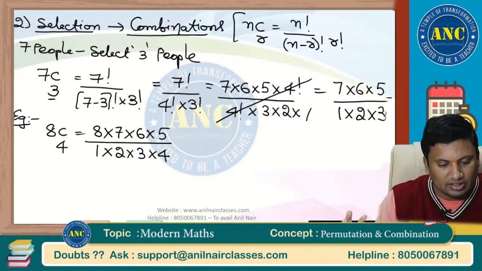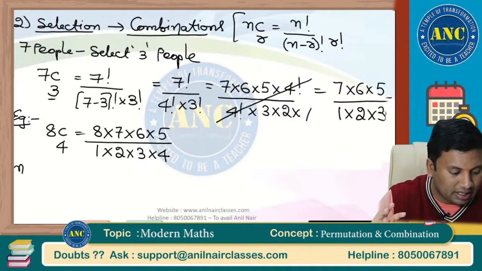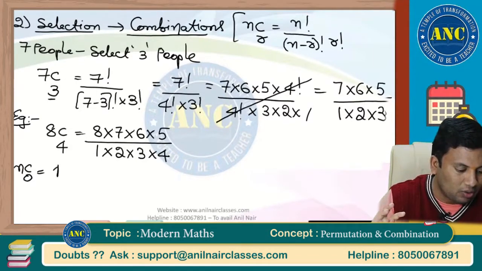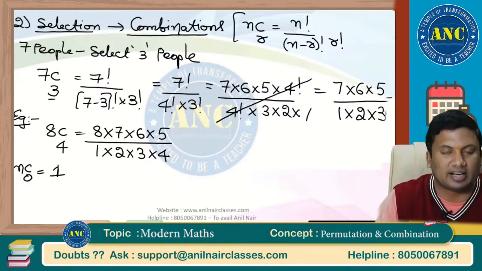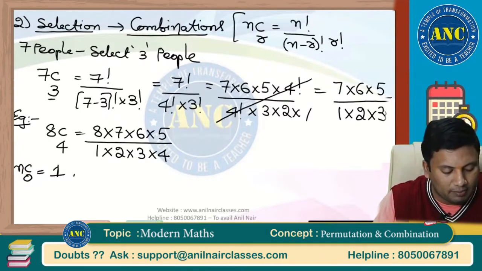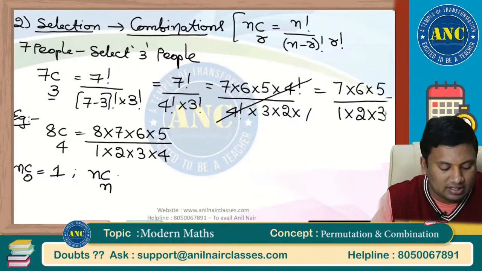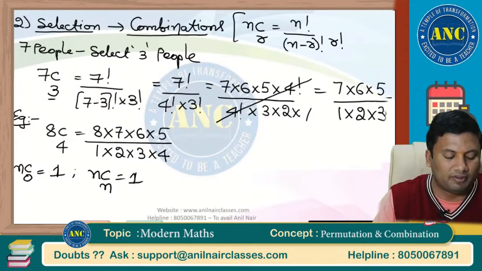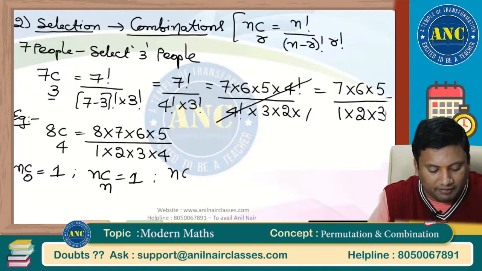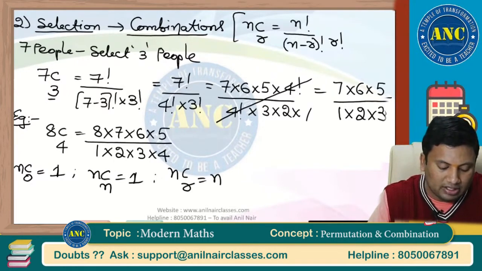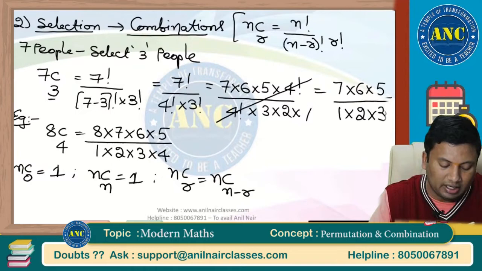Another important key point: nC0, out of n objects, not selecting any, there will be only one way. Out of n objects, selecting all, there will be again one way. Out of n, if I am selecting r, I am rejecting the remaining n minus r.